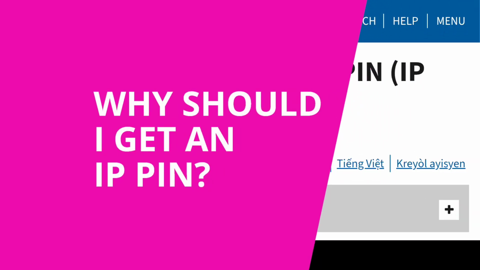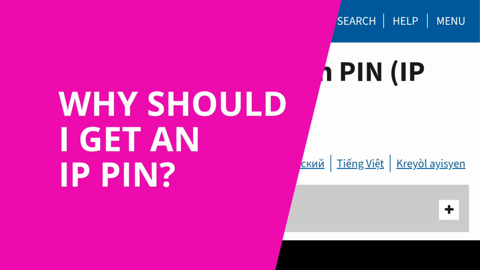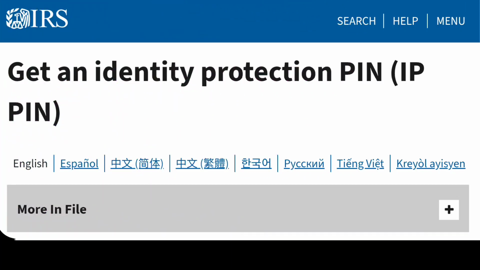A lot of people get the IP PINs, and especially for their children, because there has been a lot of fraud lately. People are using people's names or children's names to file tax returns, and they are not supposed to. So if you have an IP PIN for your child and for yourself, this will prevent that.